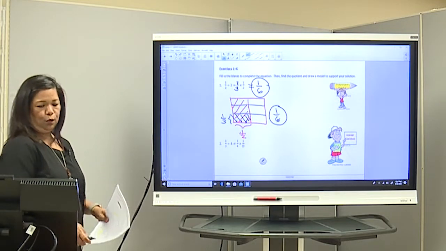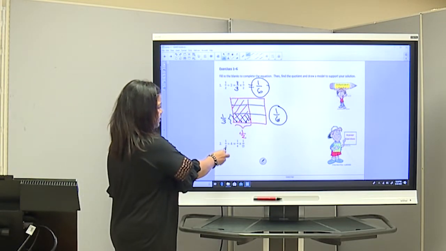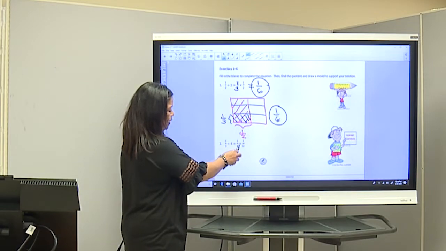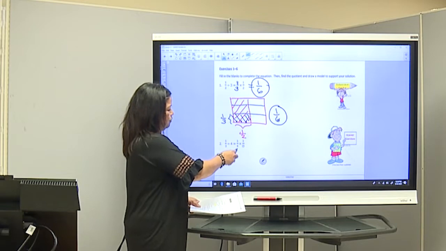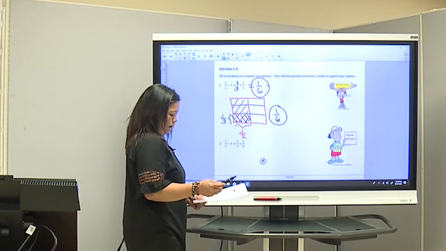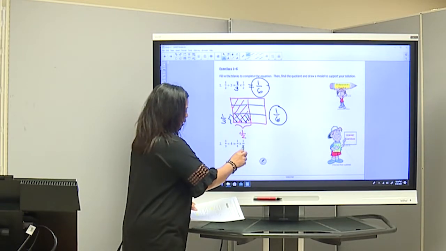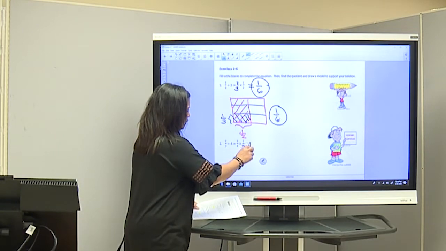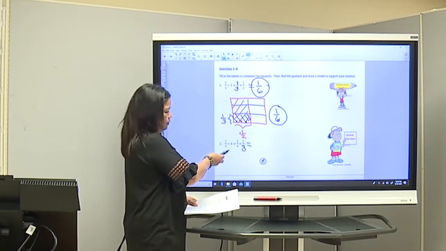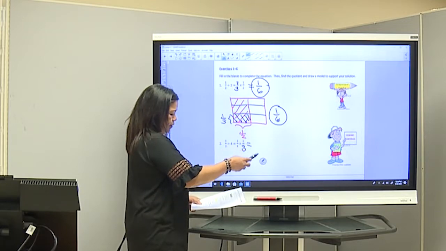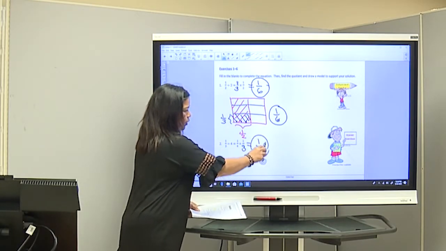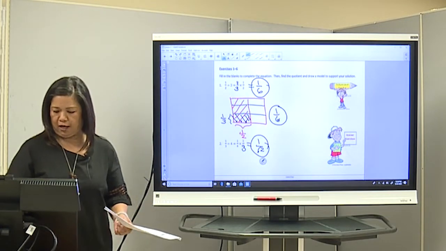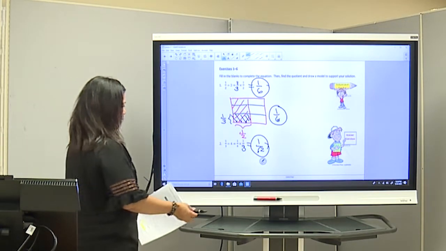So let's see. 1/3 divided by 4 is the same as saying 1/4 times what? You are right, 1/3. So whether you divided or you multiplied, the answer would be 1/12. All right, did you get that? I know you can do it.